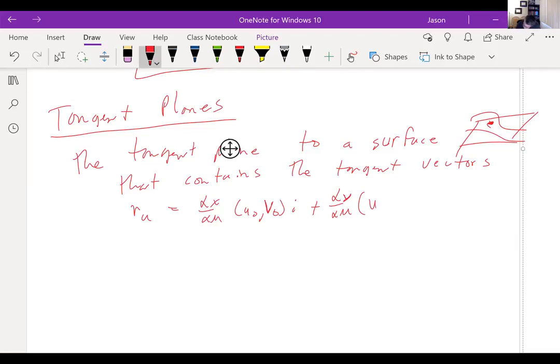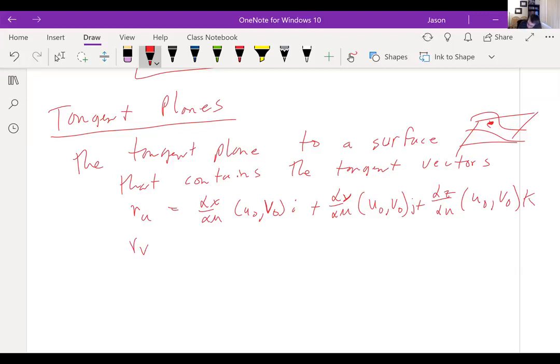And this is a u naught, plus partial of z with respect to u of u naught v naught. There's a j here and a k there.